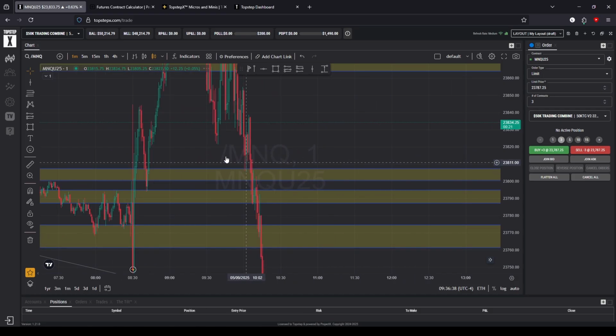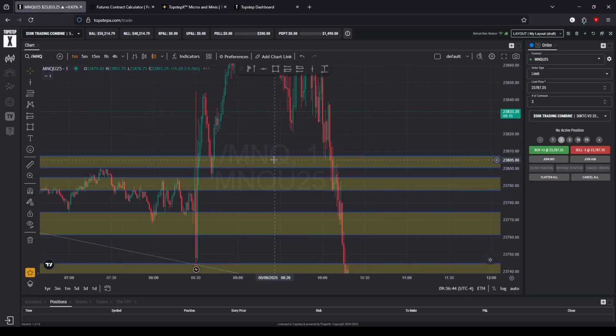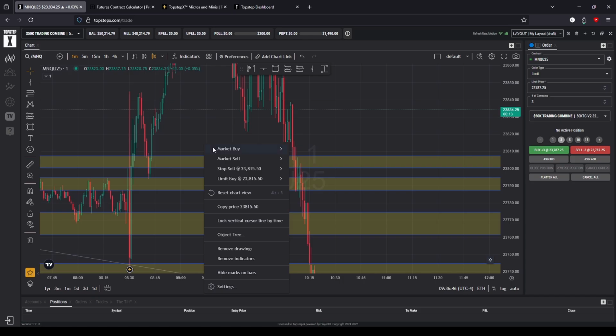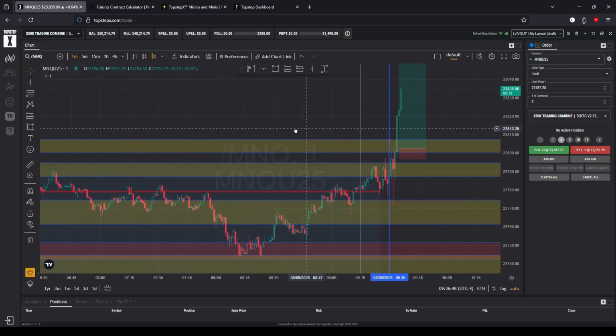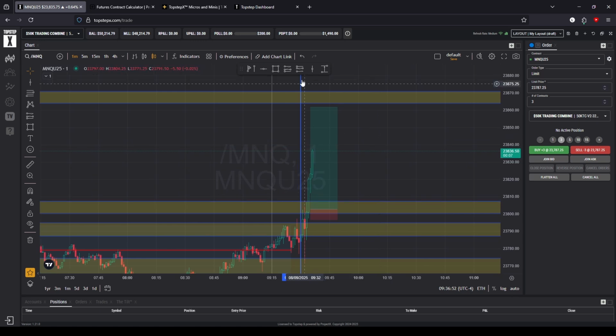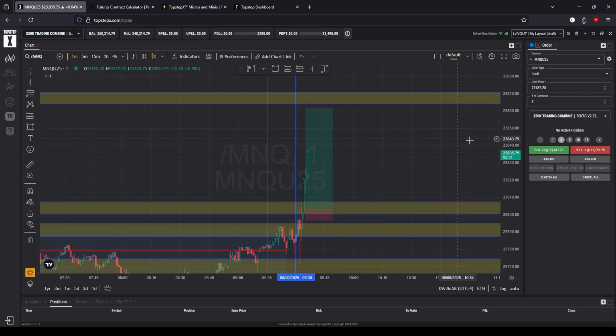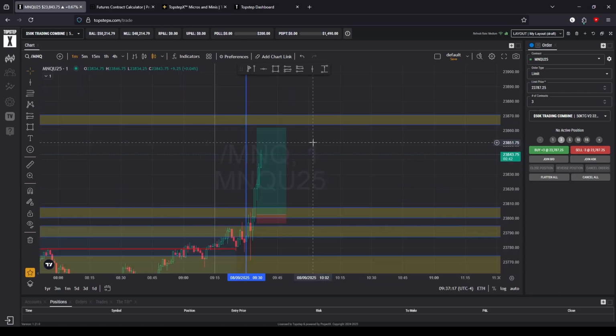Yeah, this was influenced by news, but it seems like it was respected well enough. I am trying to avoid FOMO, but at the same time, I could take a short here, but it's a bit low probability, so I'm not too sure.